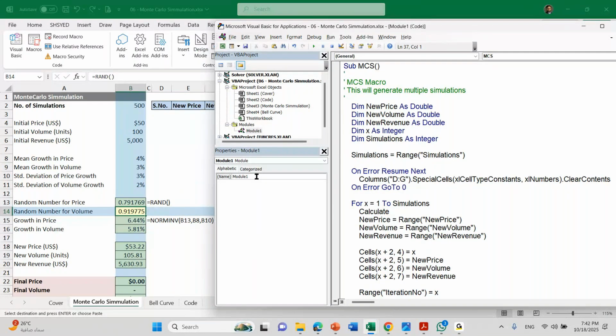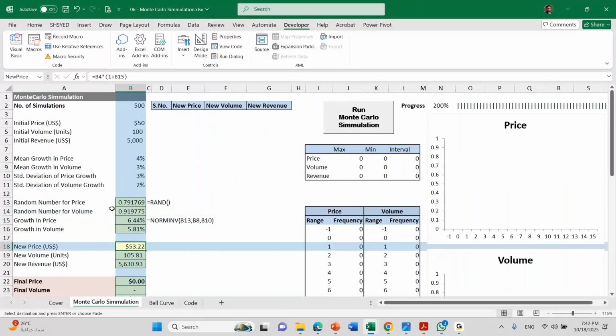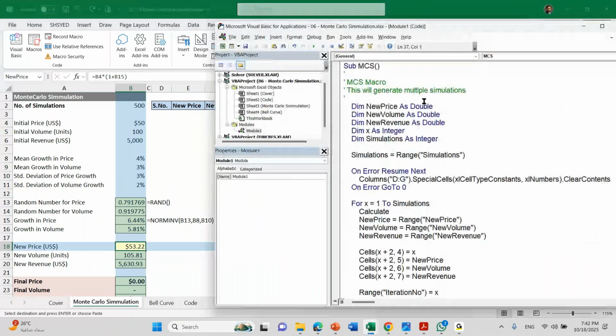And by the way, these cells have been named in the name ranges, so these cells have their names. This is new price, and you can see when I click here, the name of the cell is new price. New price as double, new volume as double. This is new volume. Then new revenue as double, X as integer, and simulations as integer.